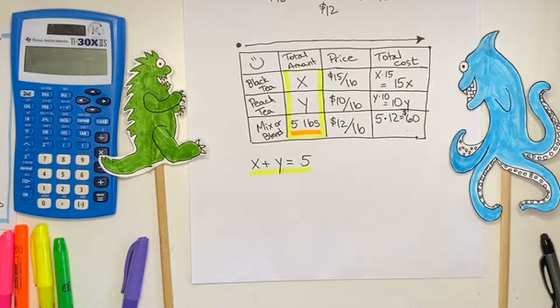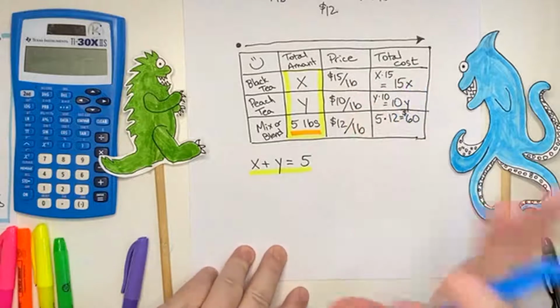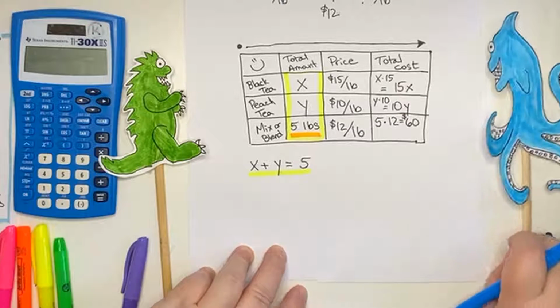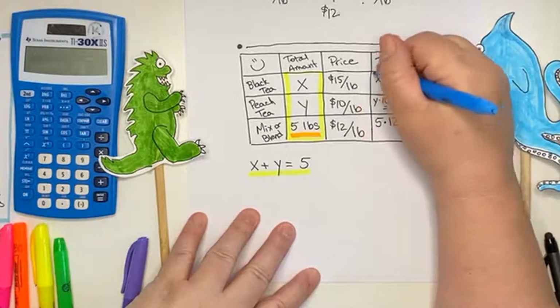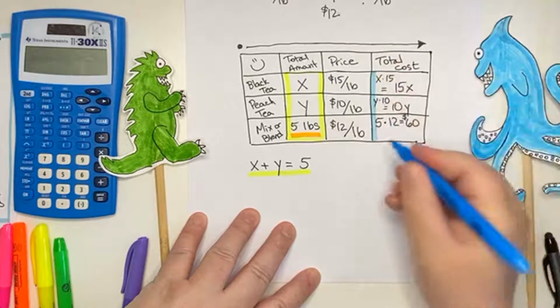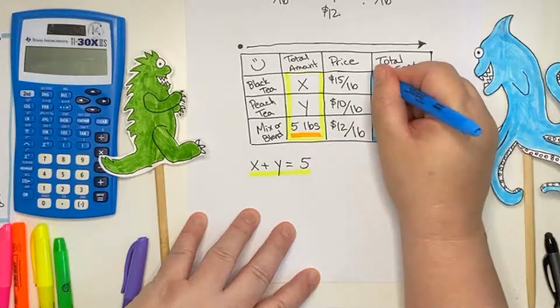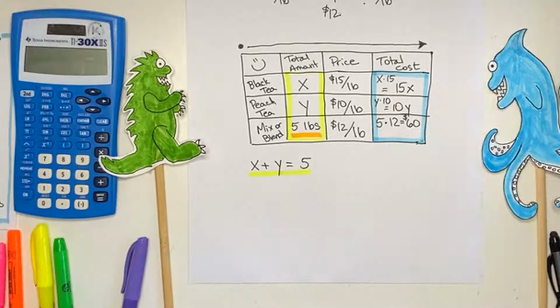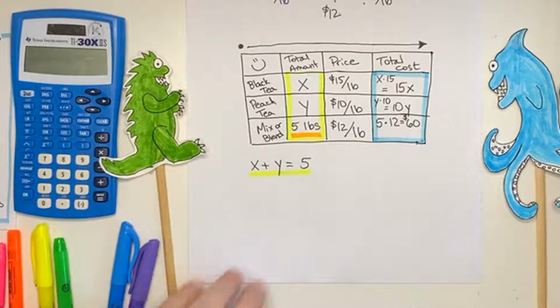And then also, now can I add prices? No, you cannot add prices, just like you cannot add percentages. So next up, the last column. What does it mean if I'm looking at this last column?